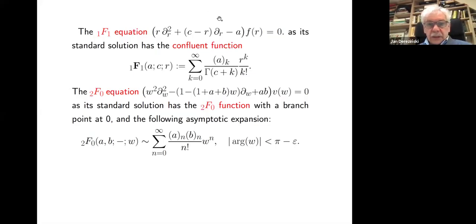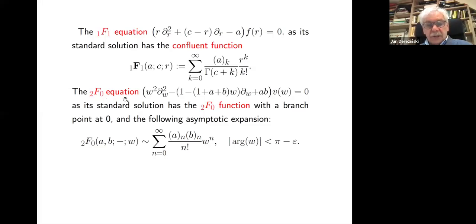So here you see the confluent equation. It has a standard solution which is called the confluent function. There is also an equation which also can be called confluent. It is rarely seen in the literature. Now, the confluent equation has a regular singular point at 0.